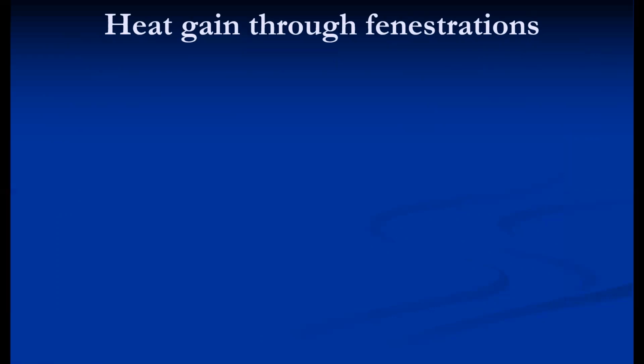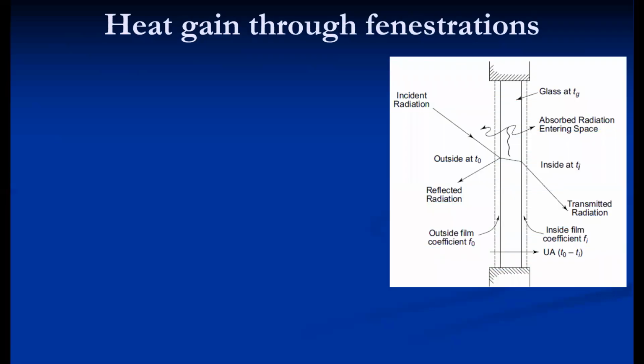Now we'll see the heat gain through fenestration. Fenestration is the assembly of window glass structure. So this is a glass of temperature Tg, and the radiation is incident on the surface. Some radiation is reflected out, some is absorbed, some is transmitted. So how do we calculate the total heat gain in the space due to this fenestration assembly?